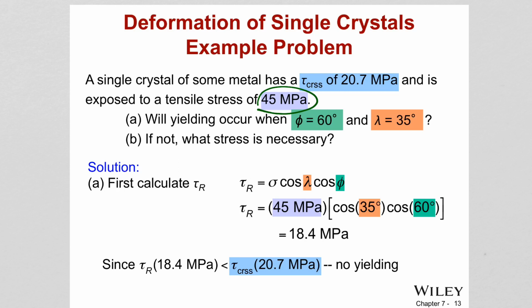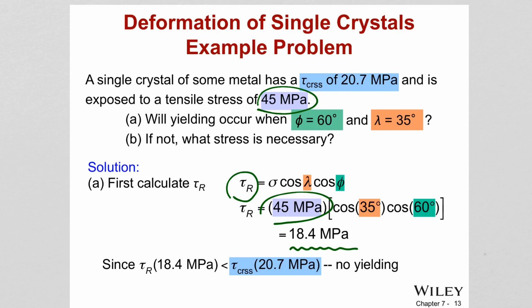All right, so at those angles, with that tensile stress, the resolved shear stress is 18.4. All we had to do to find the resolved shear stress was plug into the equation.